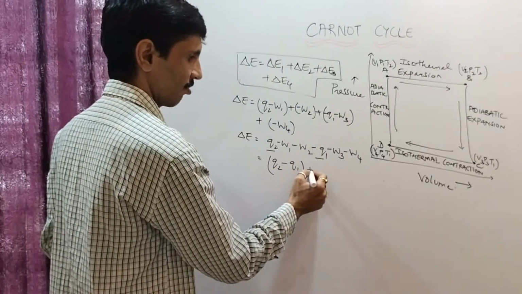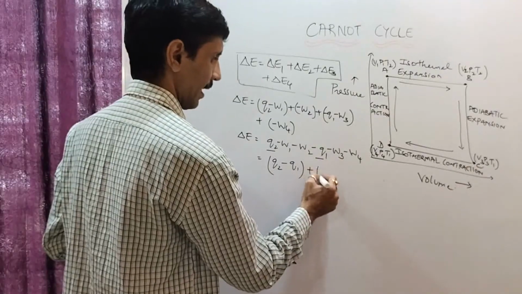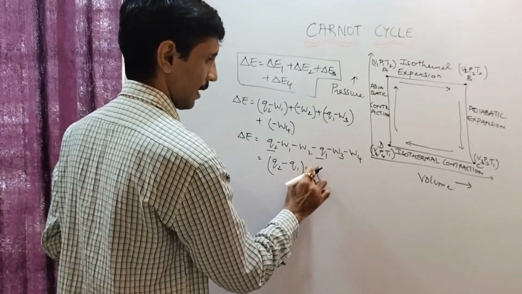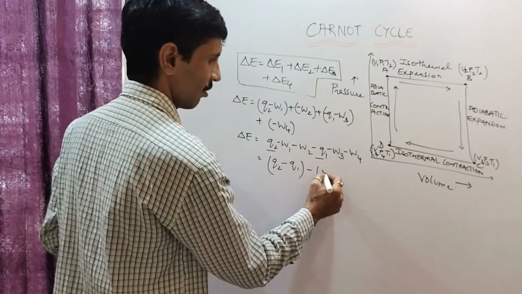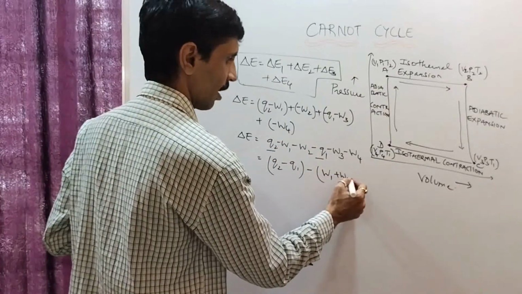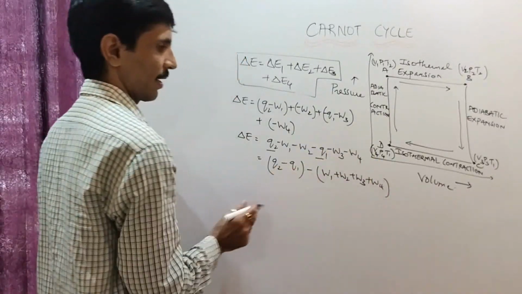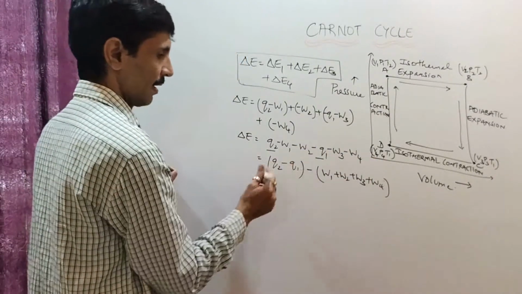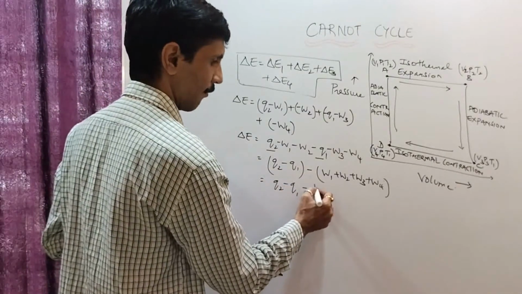Then I take the minus sign common for all the work terms, so we have W1 plus W2 plus W3 plus W4. I keep the minus sign constant. So that is equal to Q2 minus Q1 minus Wm.